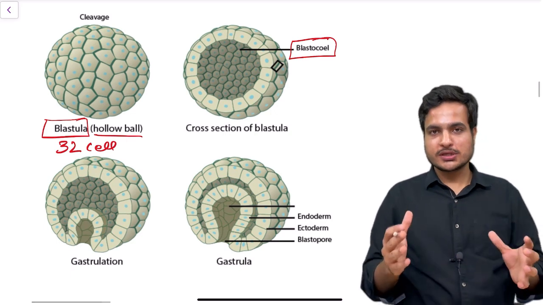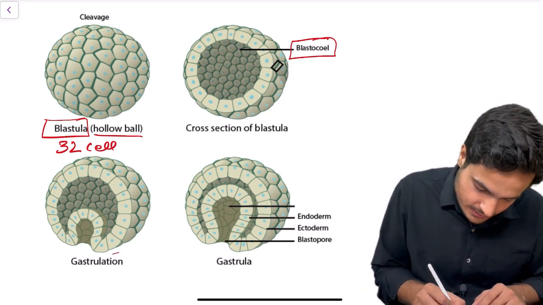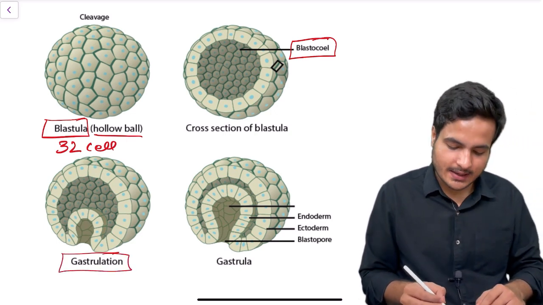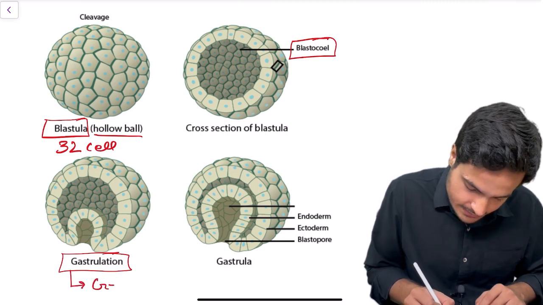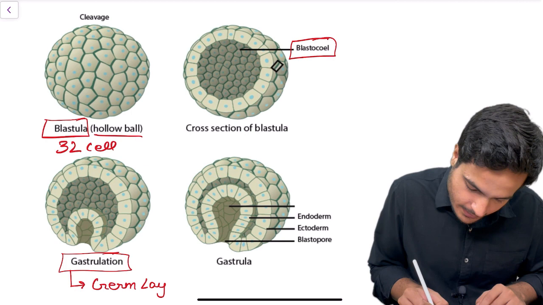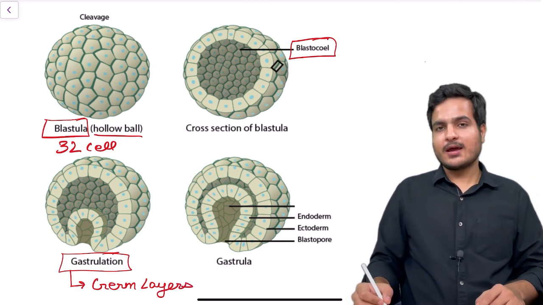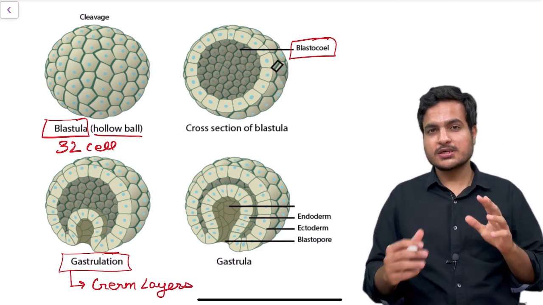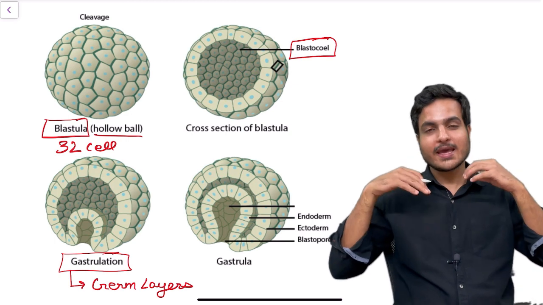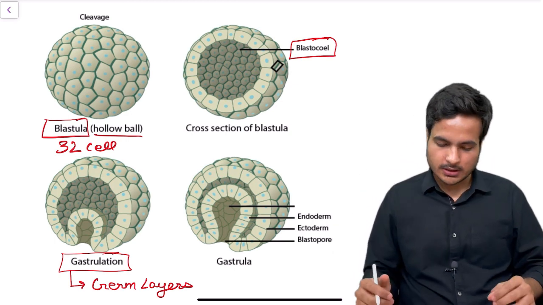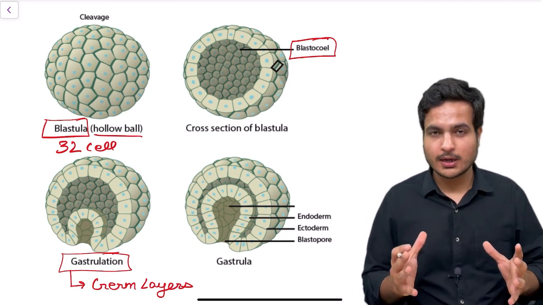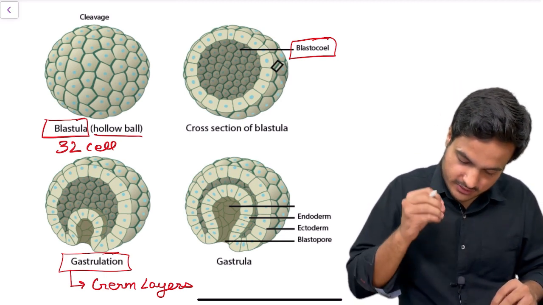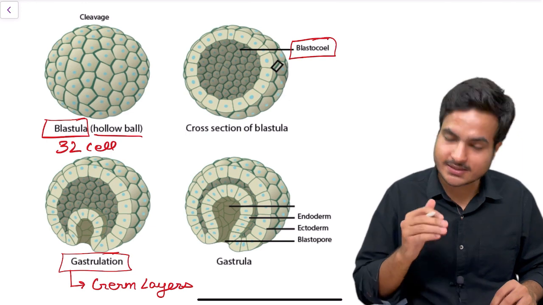Then we have a process called gastrulation, that is the process of formation of germ layers. What we mean by germ layers is that we have 3 types of germ layers which give rise to almost everything of an organism. So this process happens after the formation of blastula, and when this process of germ layer formation occurs, it is called gastrulation.